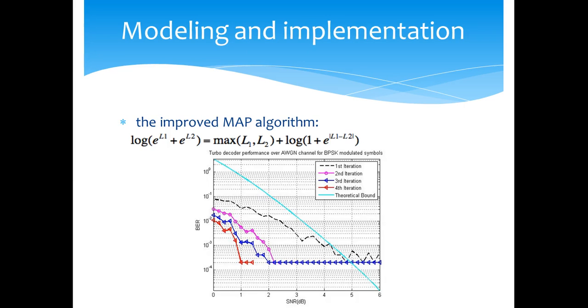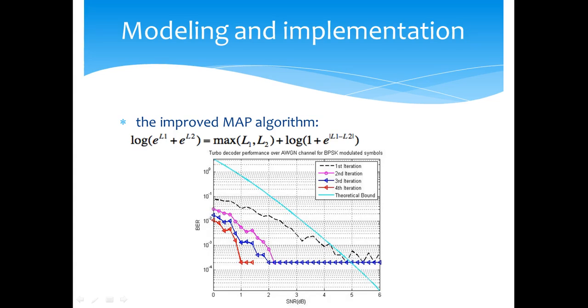Here is the modeling and the implementation. This is the final result I got, and this is the improved MAP algorithm. There are lots of details about how I got it, but all the details are in my report.